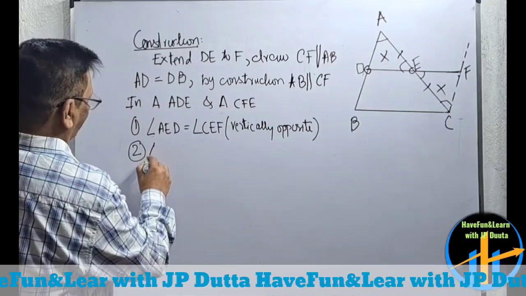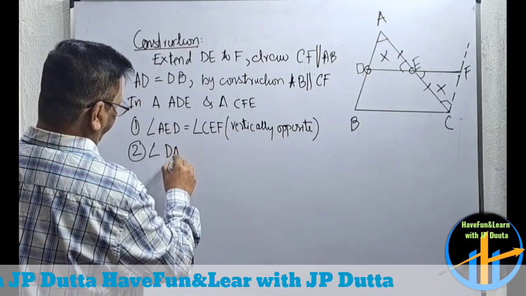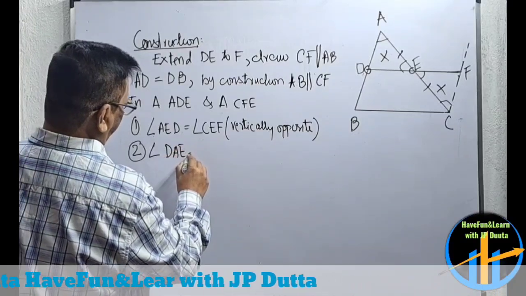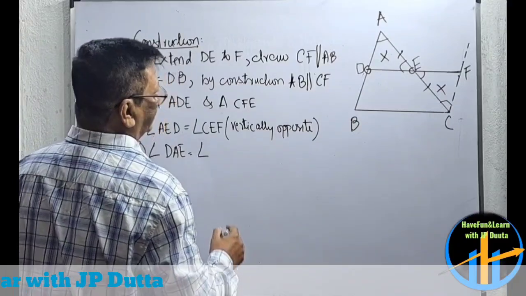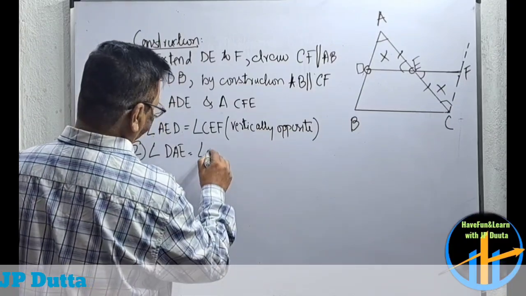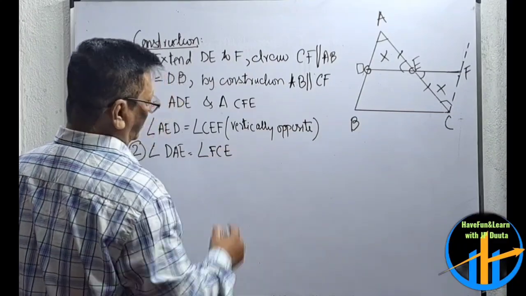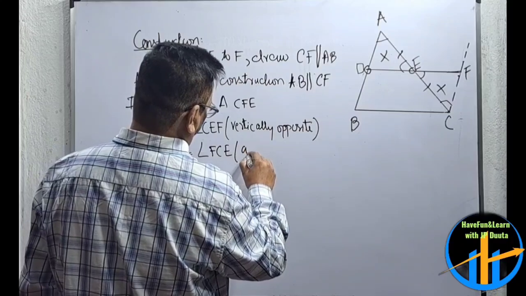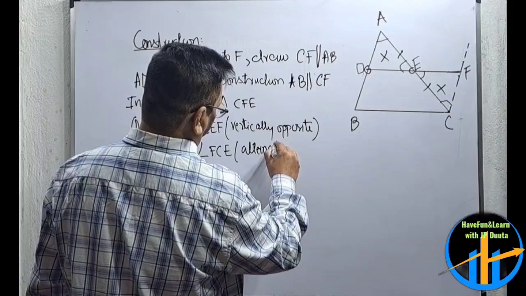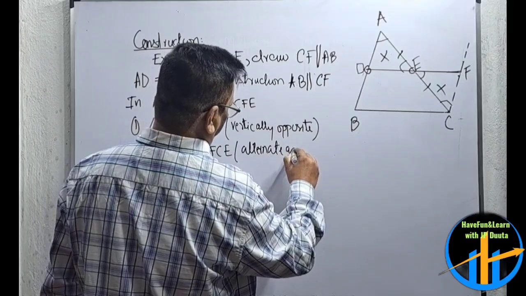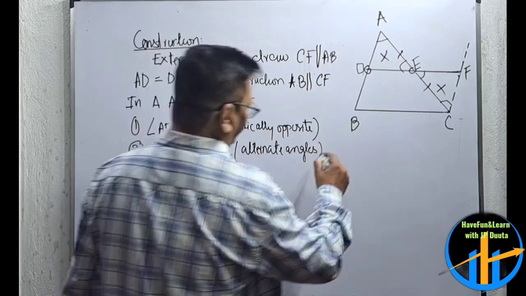So angle DAE is equal to angle FCE. Why? Alternate angles. Right?